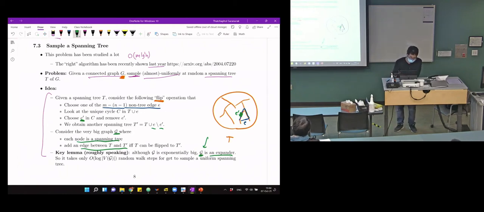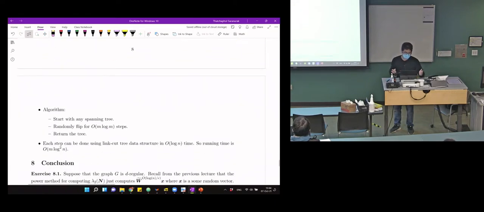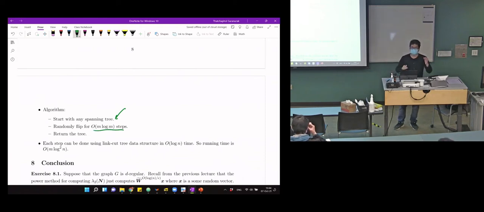So it means that if you do something like log n steps of random walk, logarithmic in the number of nodes in this graph, then you go to a random spanning tree, or close to a random one. Now it gives you the algorithm. You start with any spanning tree, you do this many steps of random flips, and you return that tree.